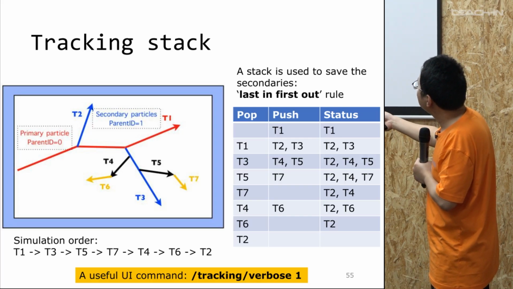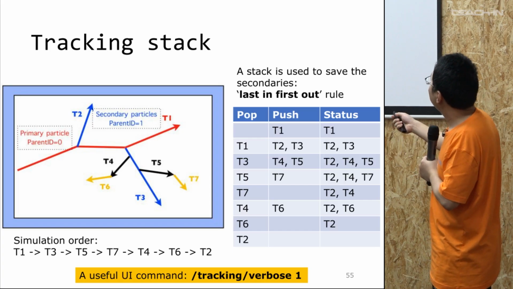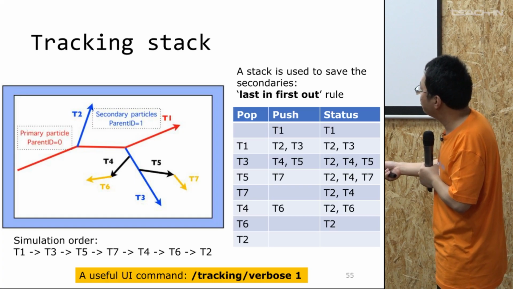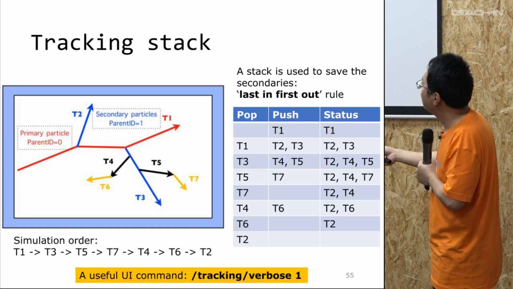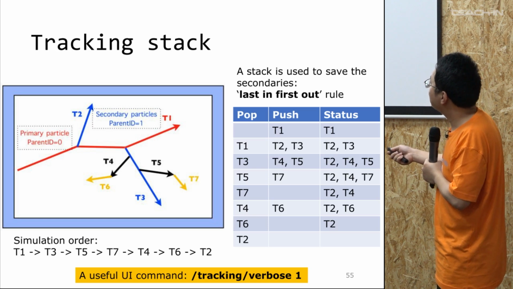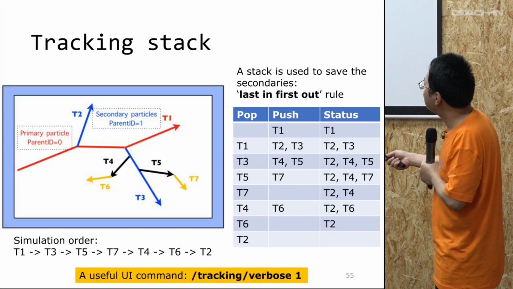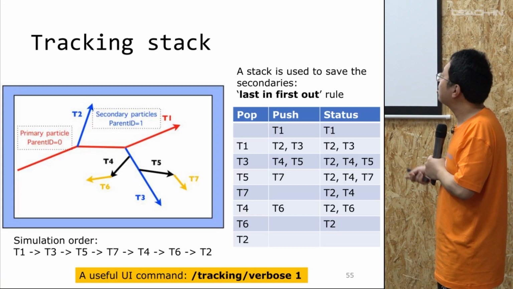So then if you look at the order of how Geant4 pops these particles from the stack, you can see the final simulation order is like this. It will simulate T1 first, then T3, and then T5, and then T7, and then you will go back to T4 and T6, and finally T2. So this is the whole structure.